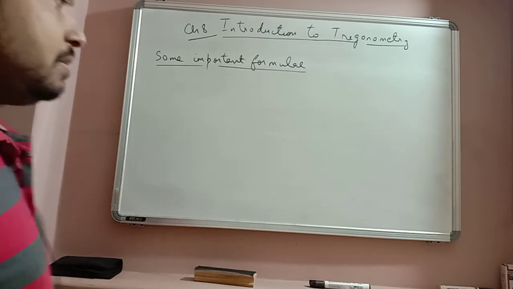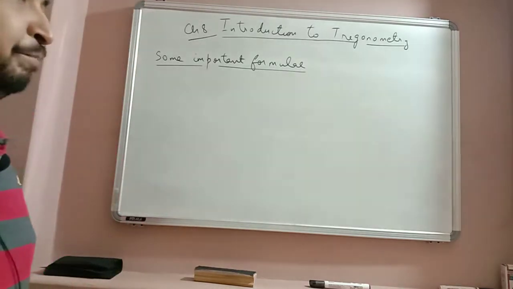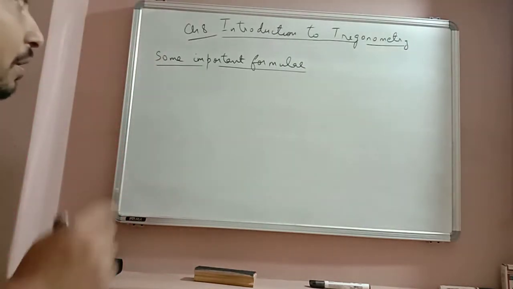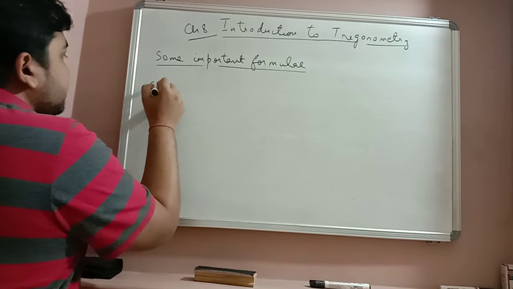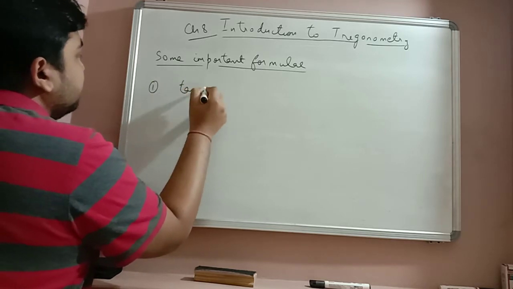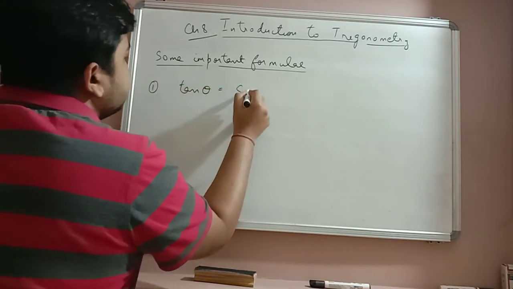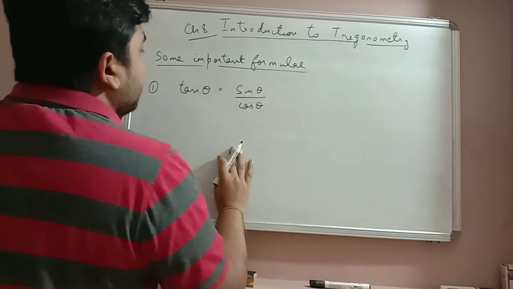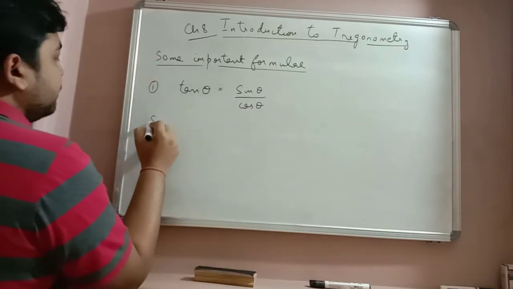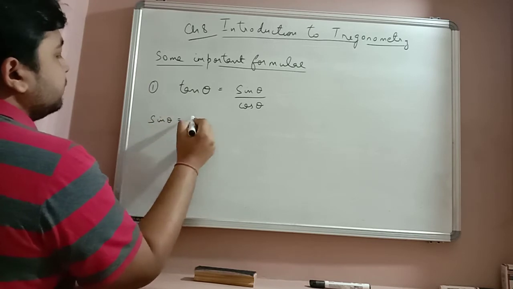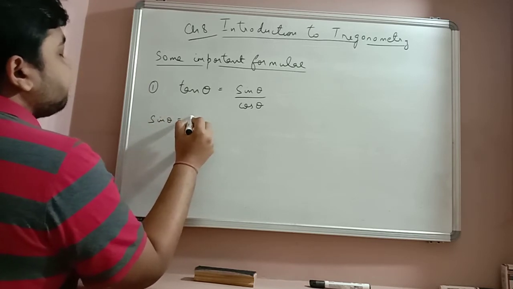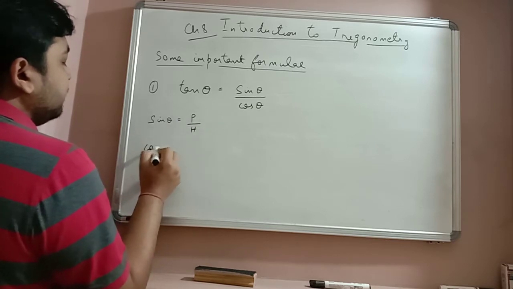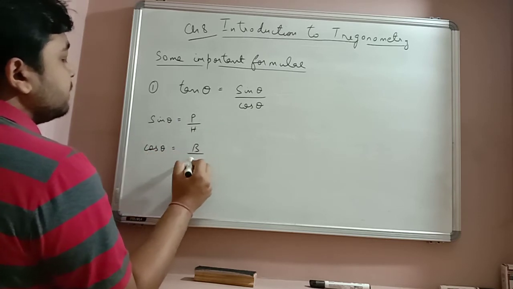Now let's discuss some of the important formulae based on trigonometric ratios itself. First formula is tan theta is given by sin theta by cos theta. Now this we can easily prove. Sin theta is what? Perpendicular upon hypotenuse, and cos theta is equals to base upon hypotenuse.